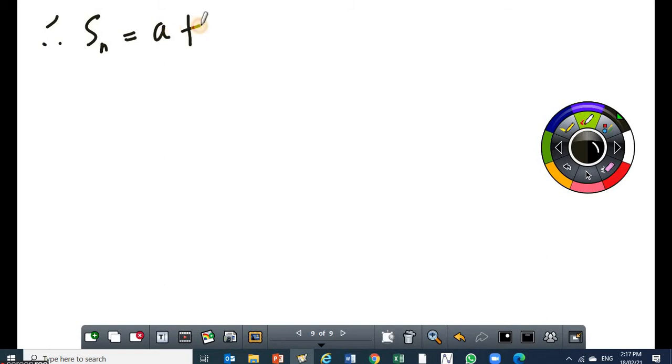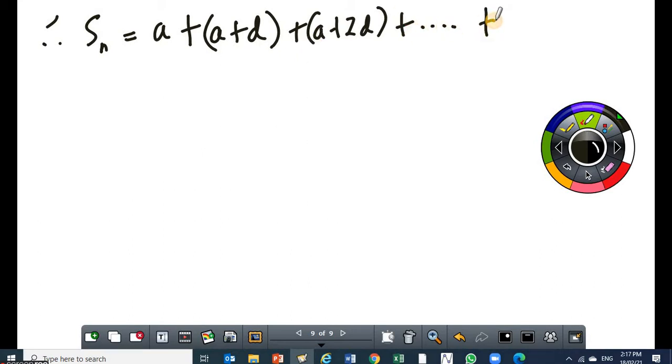The second term is equal to a plus d, which I put in brackets because it is a binomial. The third term is going to be a plus 2d, also in brackets. Then plus, up to the last term. The last term is always a plus (n minus 1) times d. So make sure you are familiar with that pattern for the series.